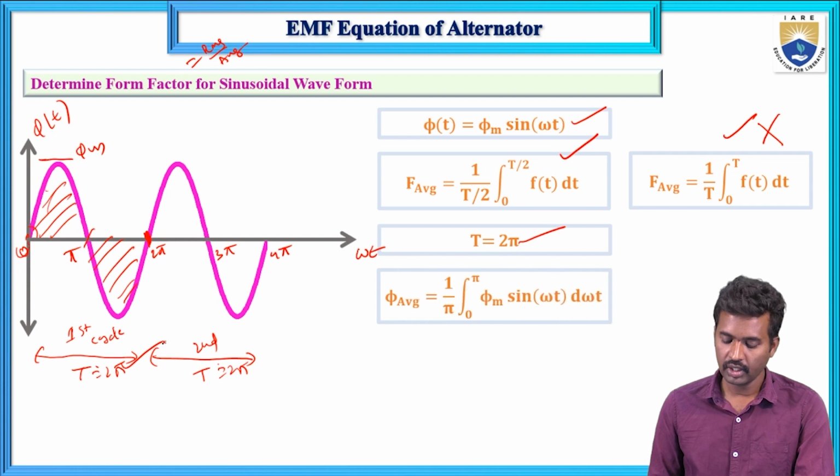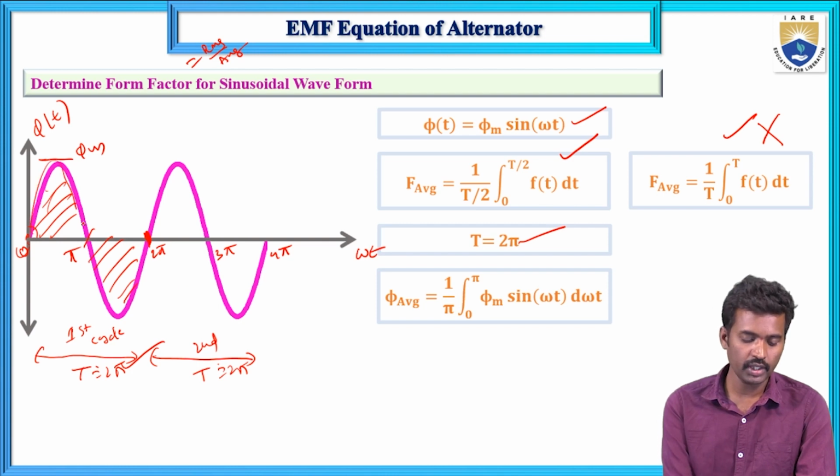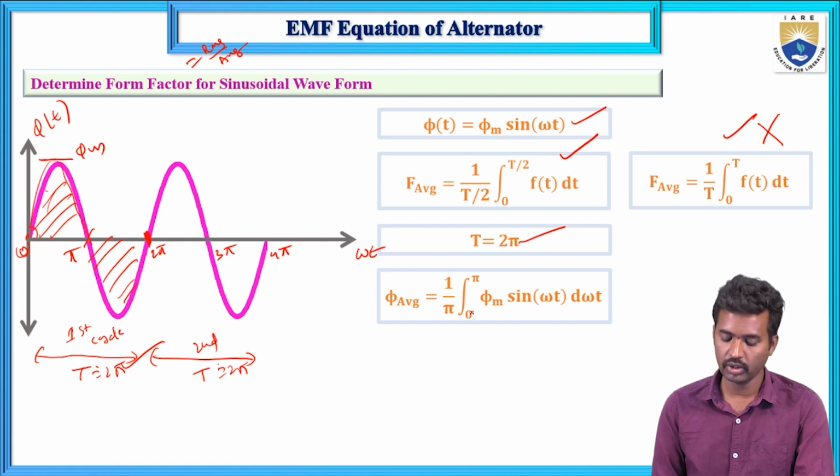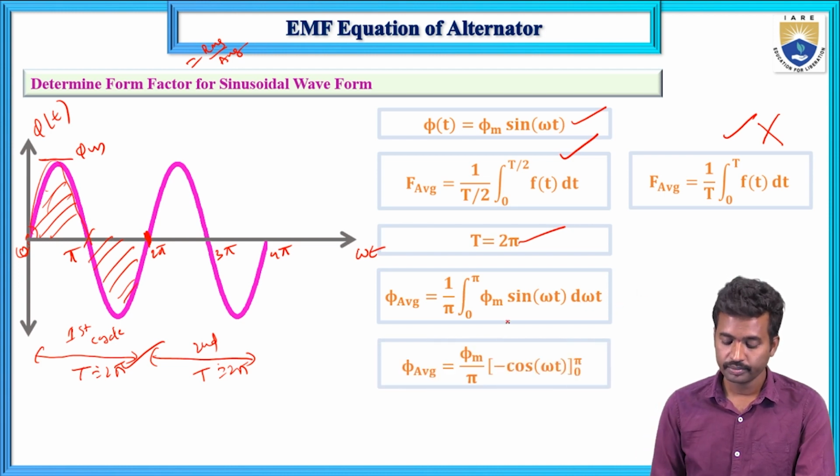And next, if you substitute, phi average equals 1 by pi, integral from 0 to pi of phi m sin omega t d omega t. You calculate only up to pi. The integration of sin omega t is minus cos omega t from 0 to pi, giving phi m by pi.